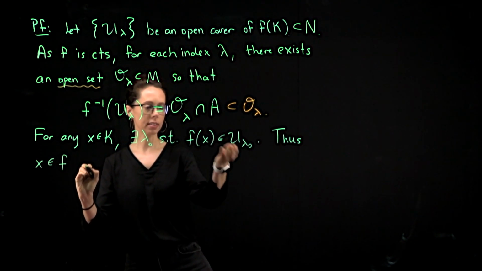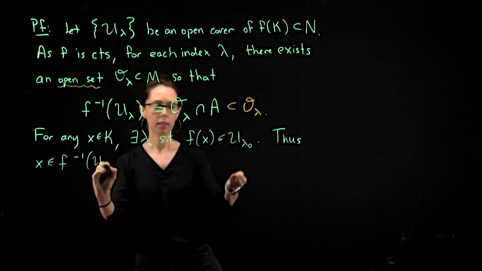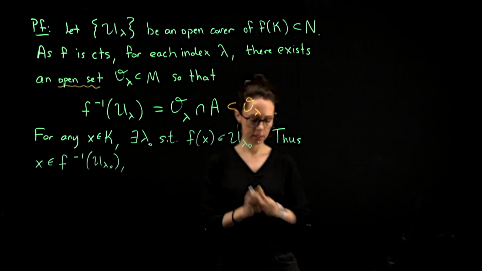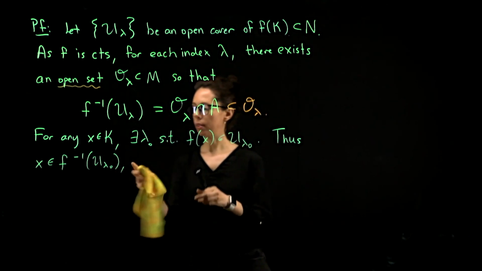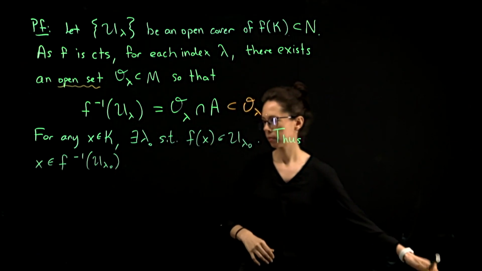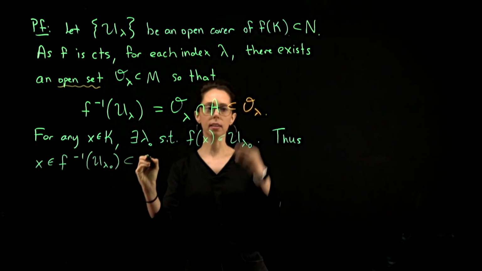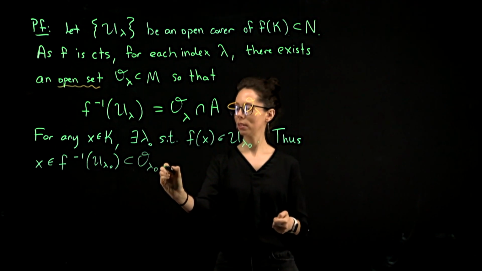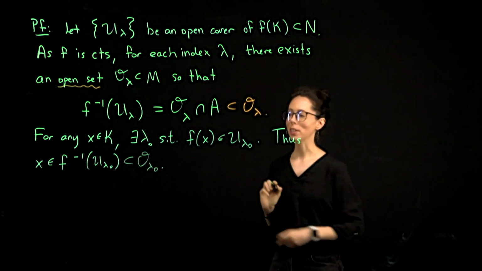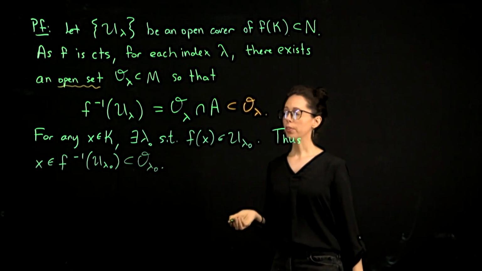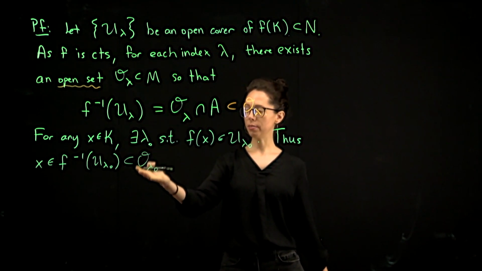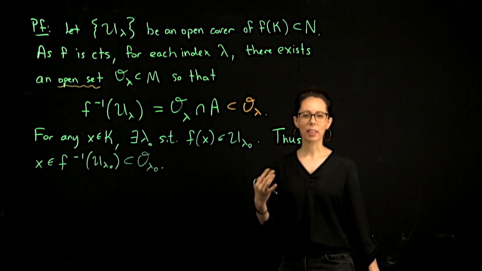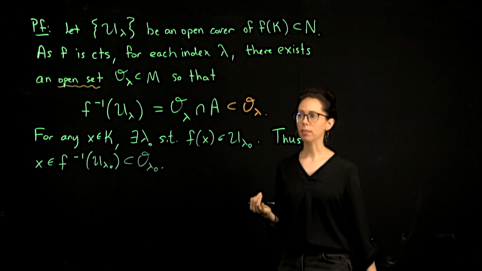So x is in the preimage of this set, which, appealing to the line above, means x is in O lambda naught. I'm trying to use matching subscripts. Okay, so U lambda naught goes with O lambda naught. All right, so for any x in K, I can now identify an O lambda naught that is an open set that x can be found inside of.